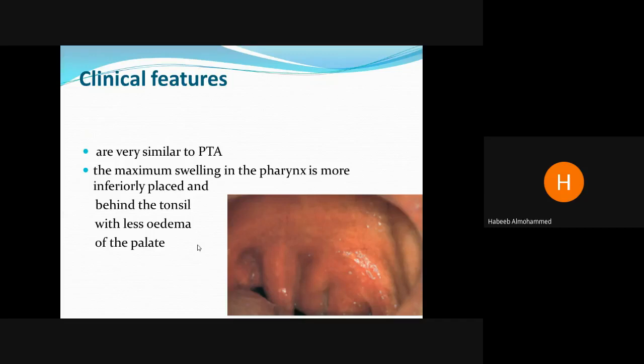Clinical features are similar to peritonsillar abscess because there is pharyngeal swelling, but the maximum swelling in the pharynx is more inferiorly placed and behind the tonsil, with less edema of the palate.